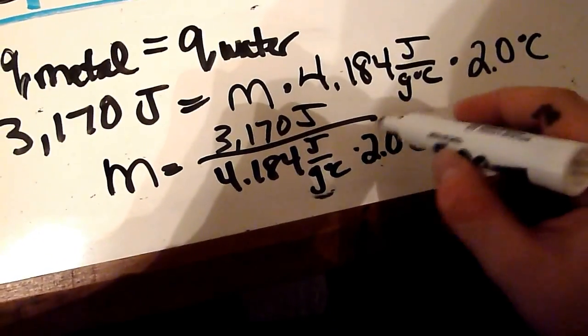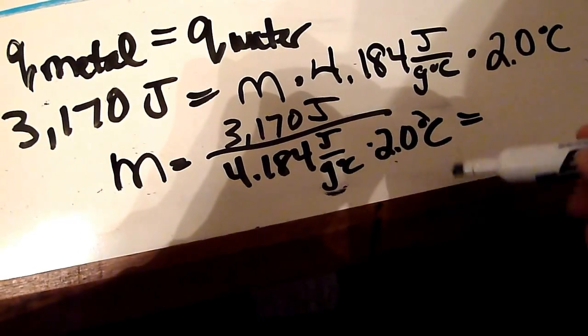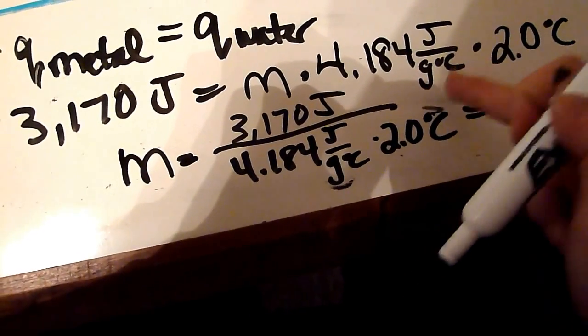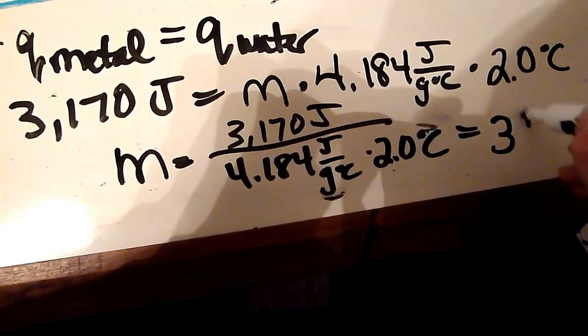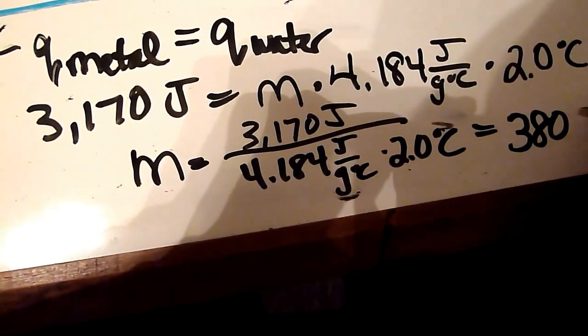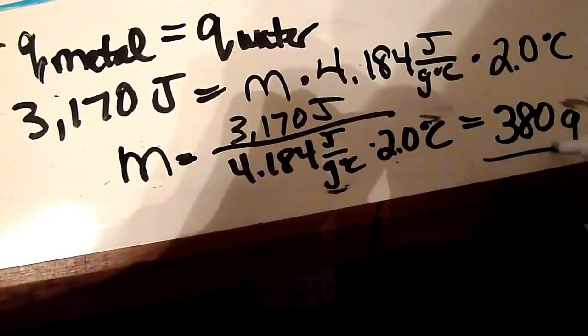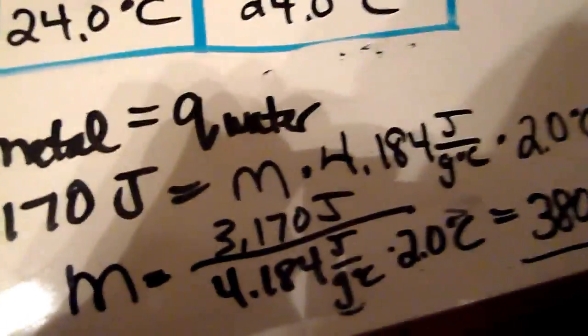I would also, once I type that into my calculator and rounded to my 2 significant figures due to having 2 in the temperature reading, come up with an answer of 380 grams. So my answer actually has not changed at all if I ignore the calorimeter.